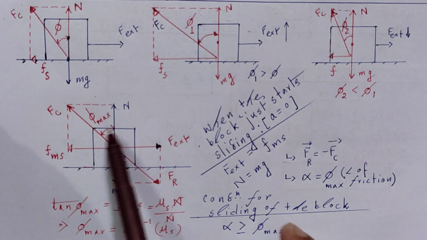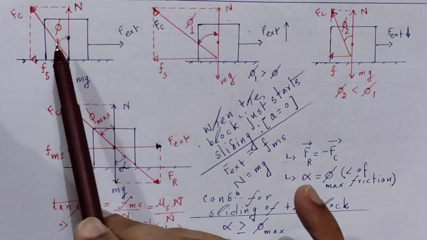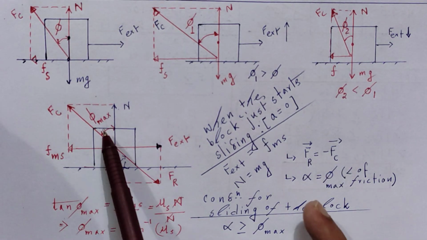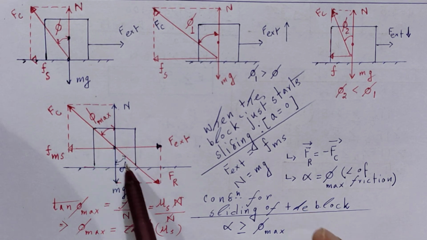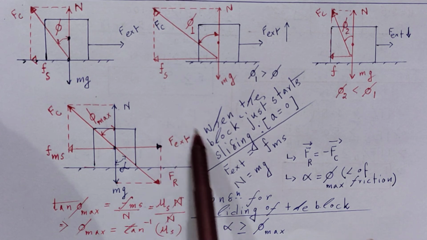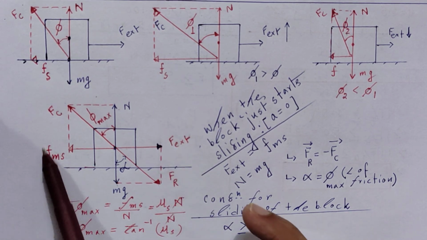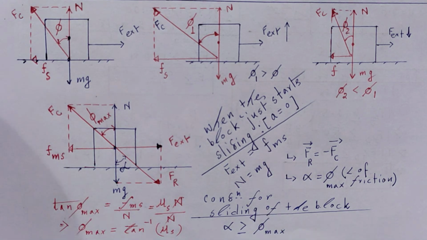This phi max is the angle of friction. These are just angles that are formed, and that can vary. But you can never get an angle greater than this. Why can this be varied? Because F external can be varied. But FMS cannot attain a greater value than this. This is limiting friction.